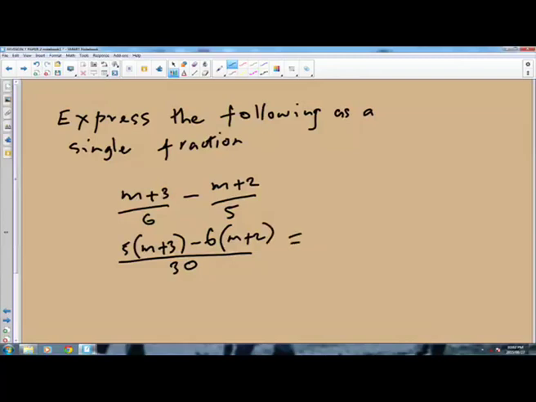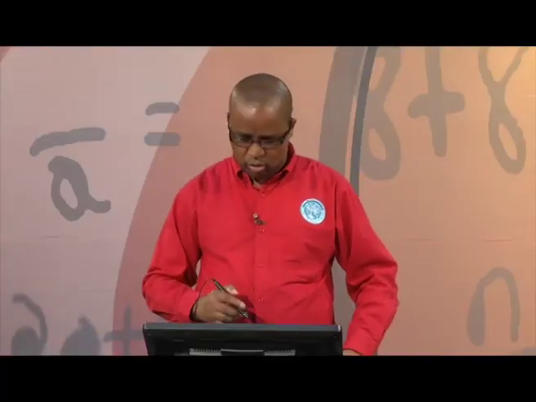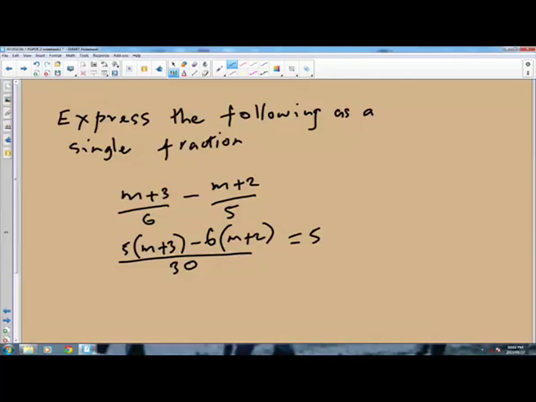This will be 5 times m is 5m. Remember, the 5 here is multiplying everything inside the bracket. So 5 times m gives 5m, and 5 times 3 is plus 15. And then minus 6 times m is minus 6m, and minus 6 times 2 is minus 12.